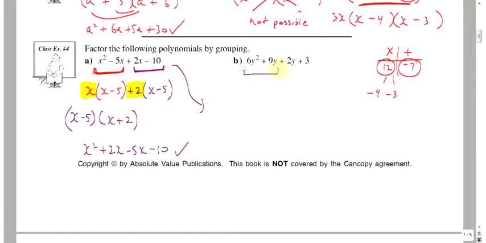Okay. What can I take out of those first two? Yeah, a 3 out of the numbers, a y out of the variables. What do you have left? 2y. What do you have left here? 3. Guess what I want out of my second set of brackets? What do I have here?